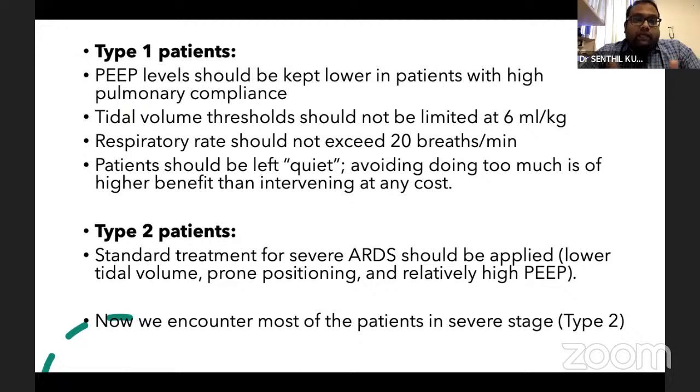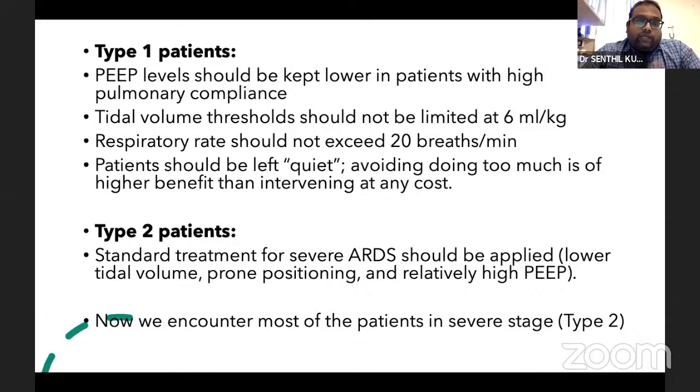So in type 1 patients, the PEEP level should be kept low, because the patient's lung itself has a higher pulmonary compliance, to avoid any lung injury with interventions. And the tidal volume threshold should not be limited to 6 ml per kg, thereby preventing passive collapse of the lungs. The respiratory rate should not be high, and during this phase, most of the time, if we leave the patient with just oxygenation therapy, it will benefit more than intervening at this stage.